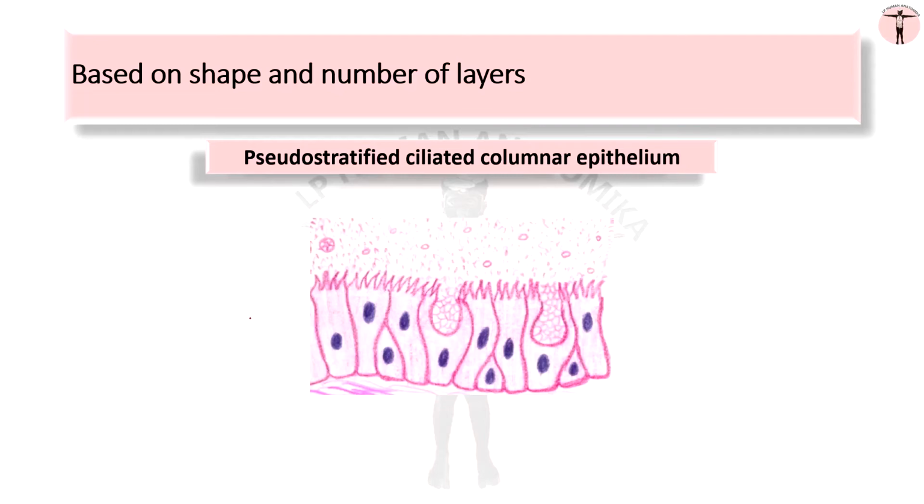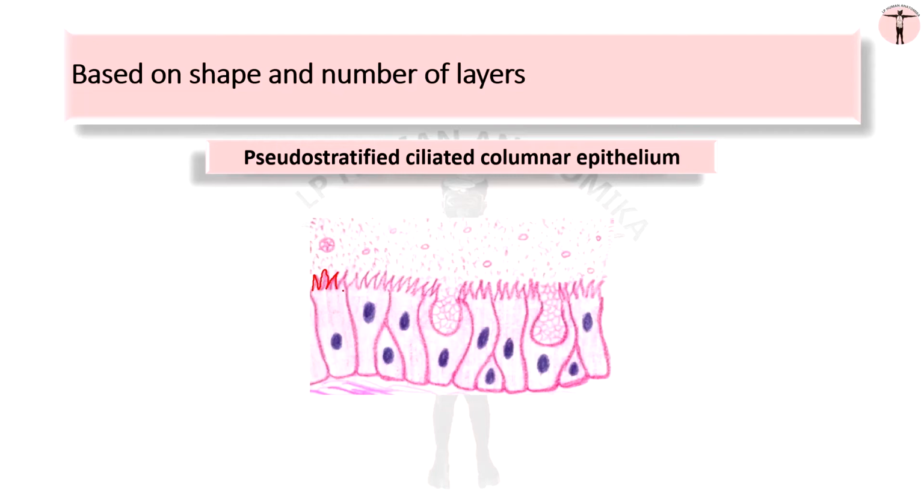The whole structure we discussed is the same, except that it has cilia on the surface of the epithelium. This is the difference between the non-ciliated and ciliated; the rest of the structure is the same.